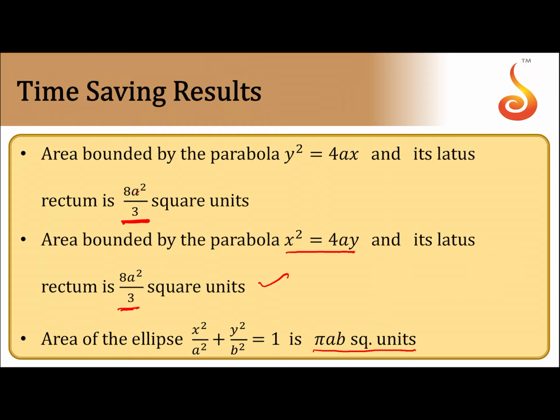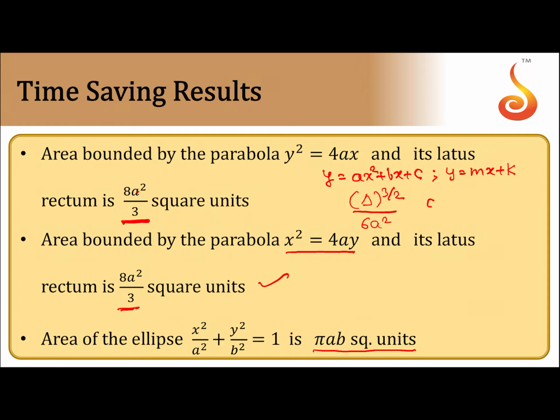Here only I will write it. Y is equal to ax square plus bx plus c, and y is equal to mx plus k. Area bounded will be delta to the power 3 by 2 by 6a square.